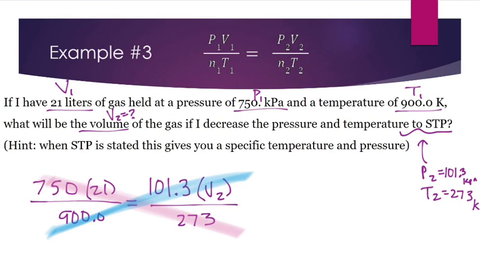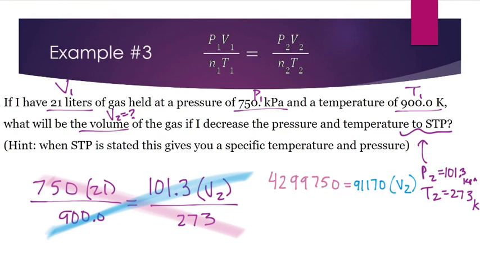So go ahead and start by just multiplying those three pink highlighted numbers together, and that's going to get us 4299750. And then we're going to multiply all of those blue numbers together, and that gets us 91170. And that's where our V2 goes.